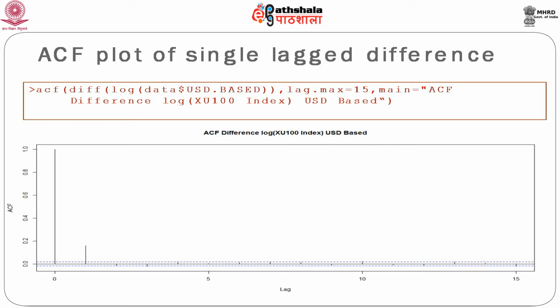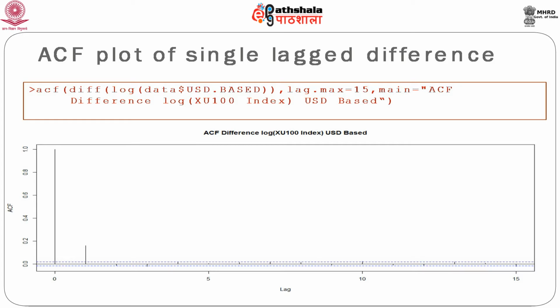To get this, there is a function called diff. The log USD-based variable can be passed through diff within the same acf function, and I set the maximum lag to 15, and then the ACF plot looks like this. If you see, just taking one lag difference itself reduced the autocorrelation values.